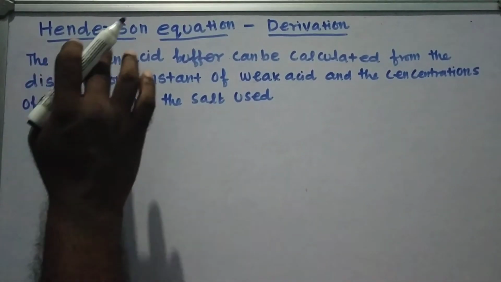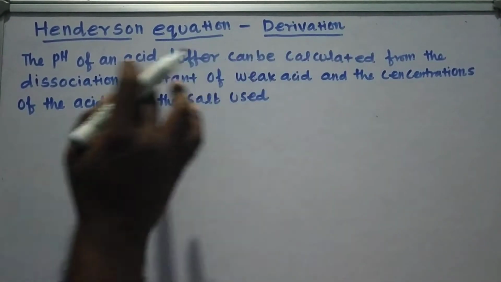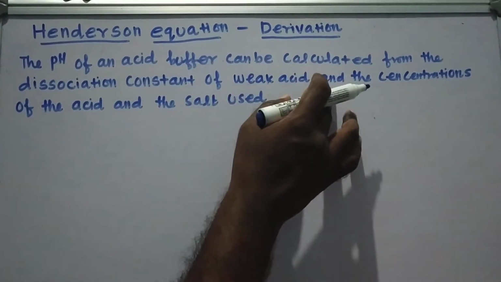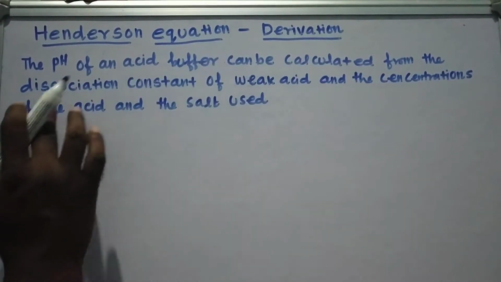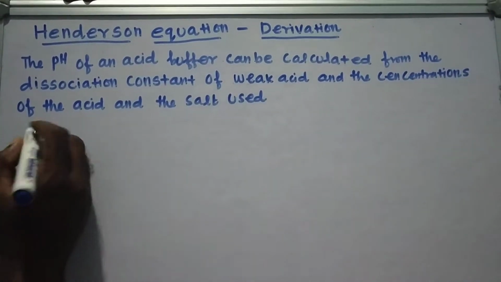The pH of an acid buffer can be calculated from the dissociation constant of the weak acid and the concentrations of the acid and the salt used in the buffer. Right? Okay.